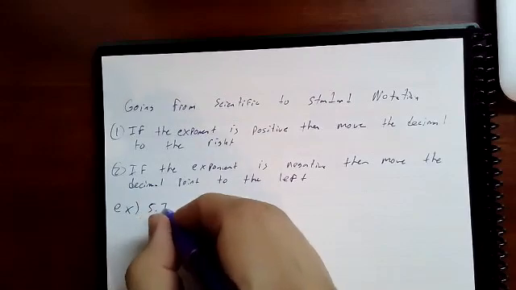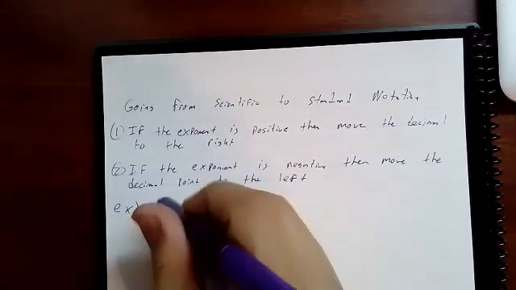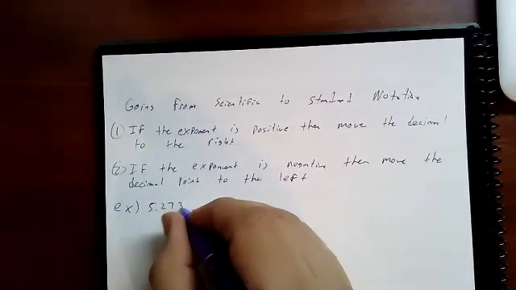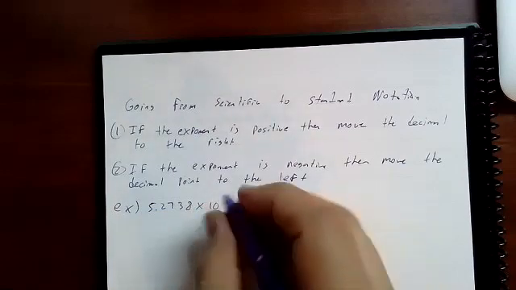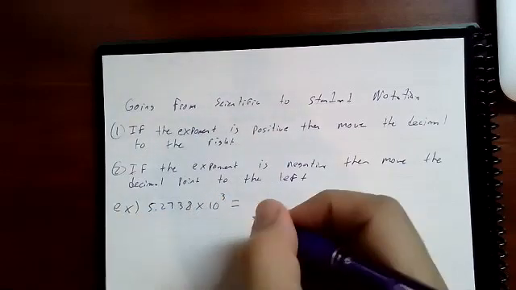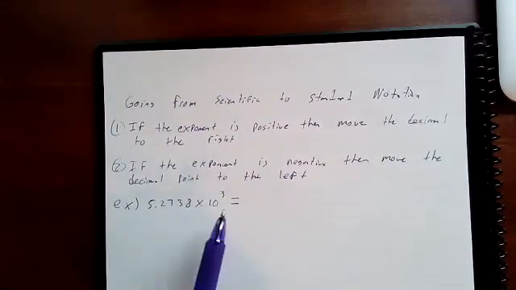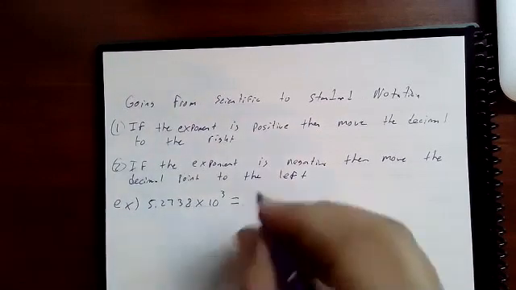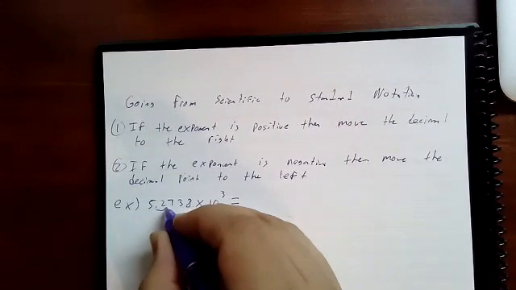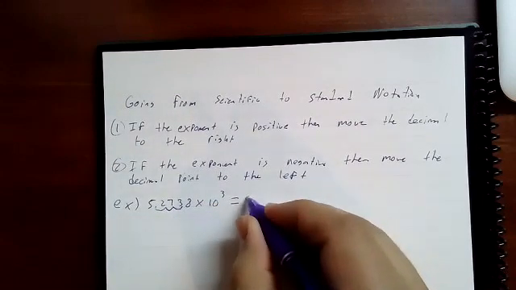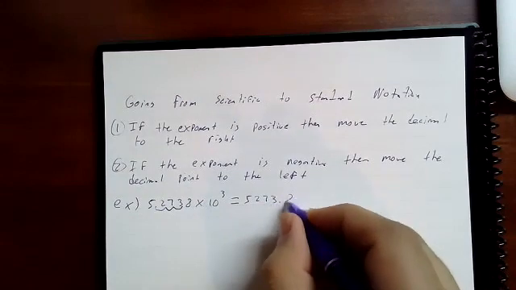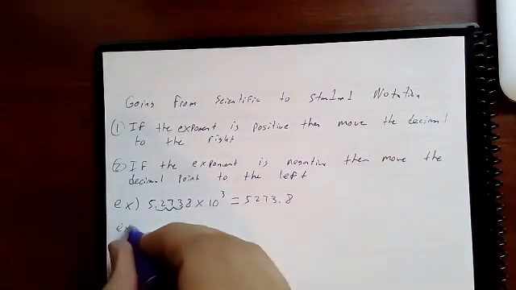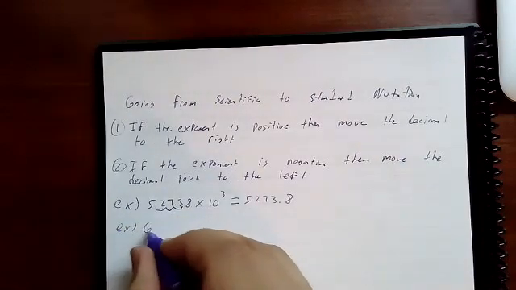So 2.738 times 10 to the 3. That will be moving the decimal point 3 times to the right. So 1, 2, 3, 2738. And now a negative exponent.